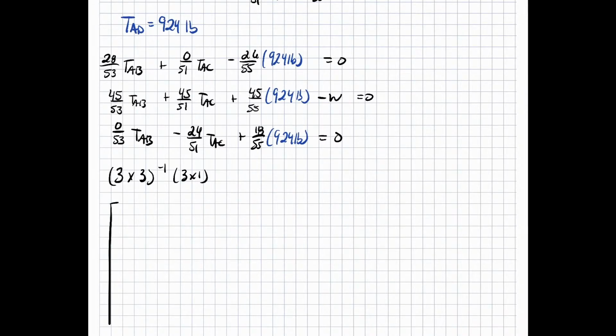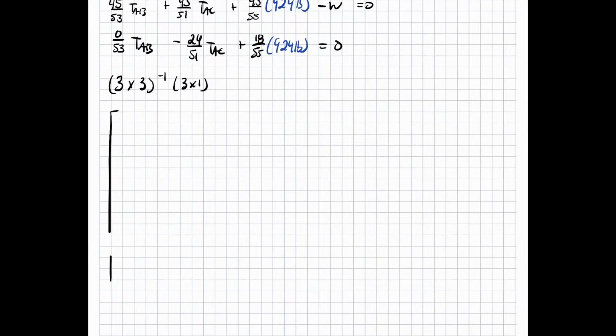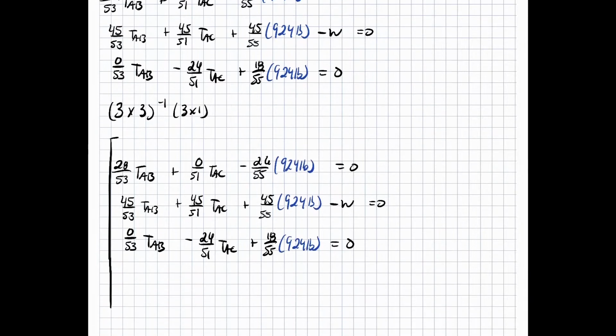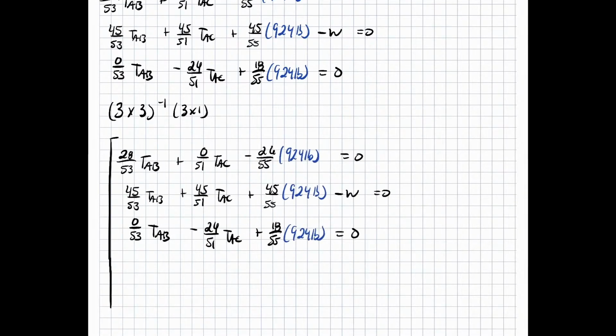I'm going to go ahead and pull that down and make me some more room. And I'm going to cheat a little. I'm just going to copy and paste this down right here because that makes it a whole lot easier. Now we need to move our knowns all around.